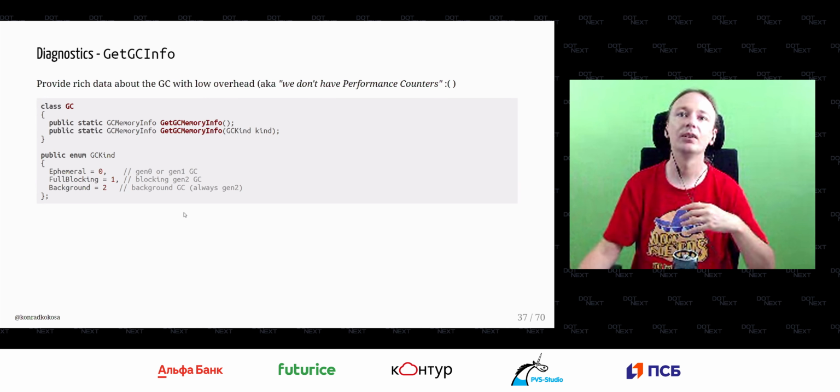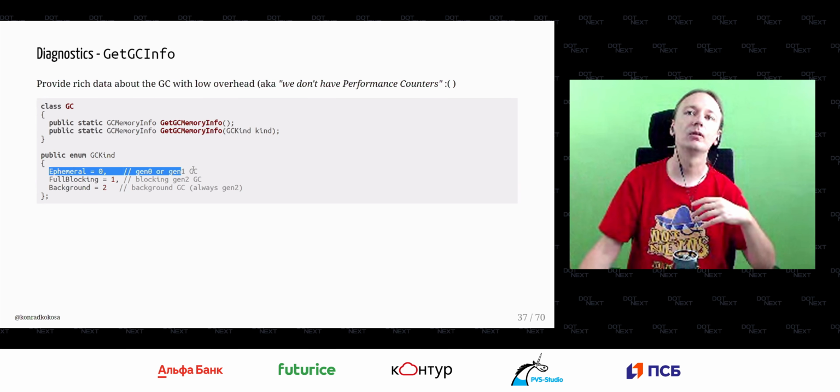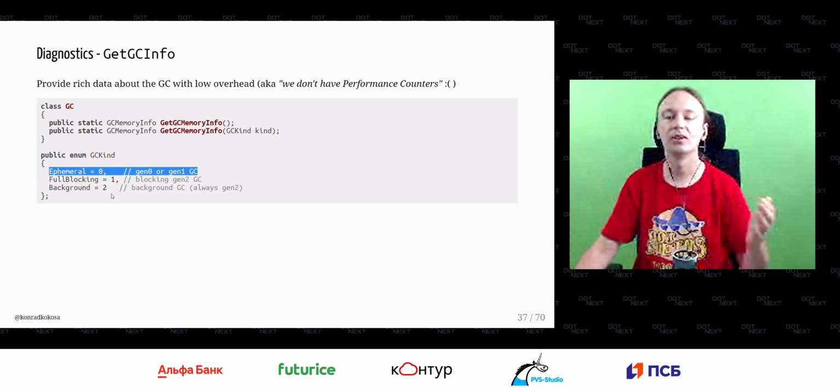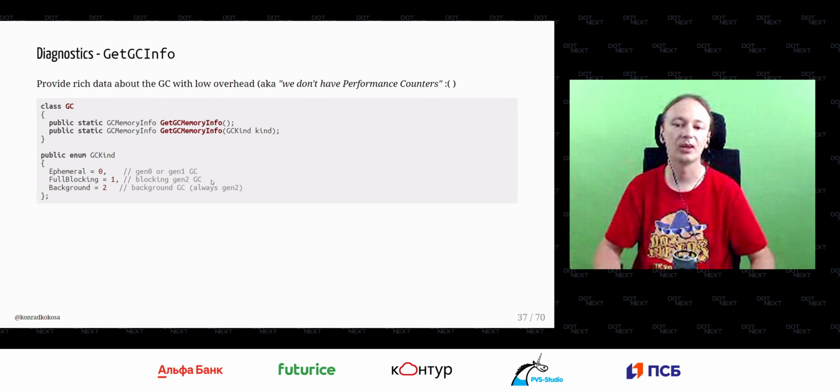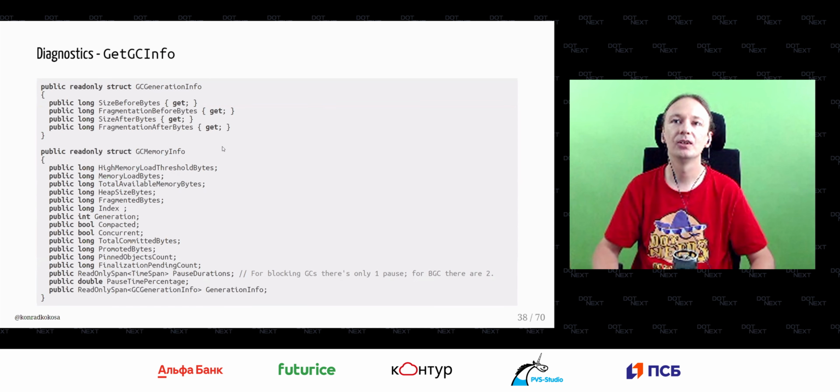You can filter it, as you see here, so you can be interested only in ephemeral GCs like Gen 0 and Gen 1 GCs, or you can be interested in full blocking GCs. It is just filtering, but the most important thing is what this API returns, and this is quite a rich set of data, as I said.